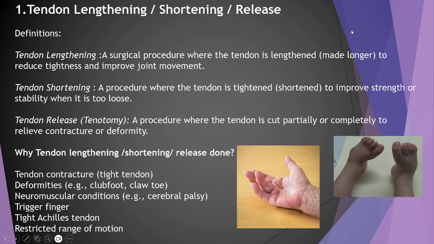Okay. So the tendon lengthening, shortening, and release. What is the tendon lengthening? Tendon lengthening is a surgical procedure where the tendon is lengthened to reduce the tightness and improve the joint movement. If there is a problem in the joint movement, there will be a tightness.